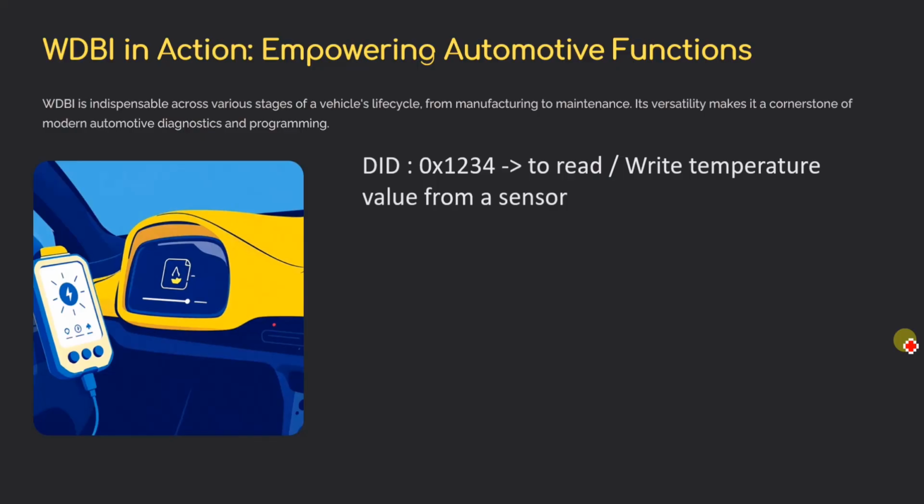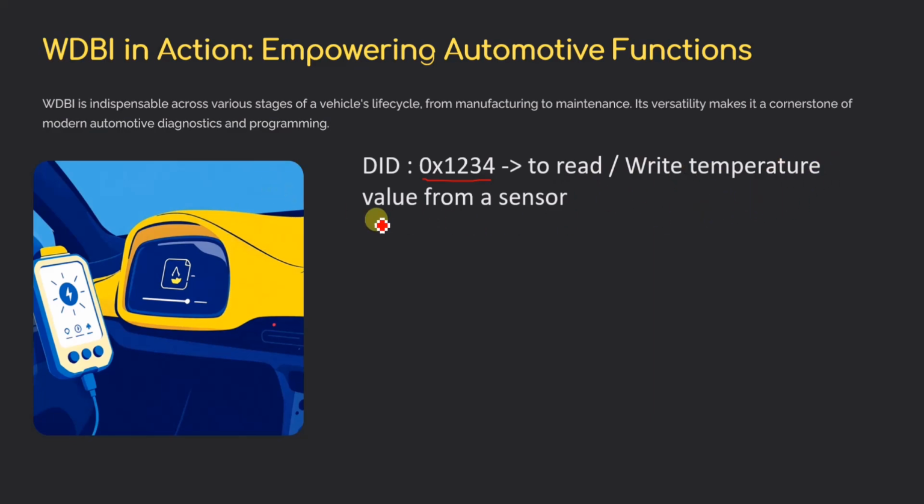We'll see one example, DID 0x1234. I'm taking the same DID I used as an example in the read data by identifier session, because it supports both read and write operations.